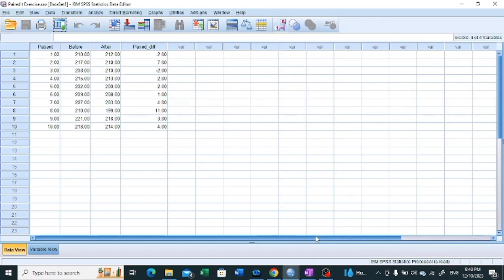Hello students, in this session we are going to apply the paired W test, that is applicable for the comparison of two population means when we are given dependent samples that we can treat as paired samples.